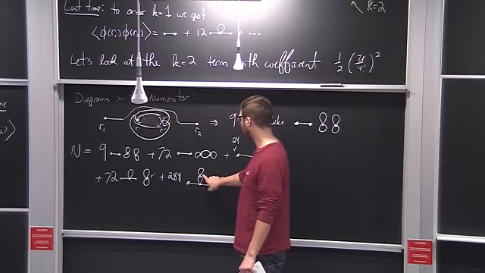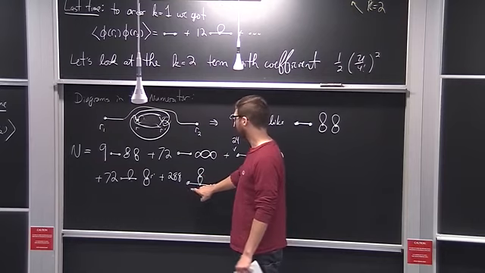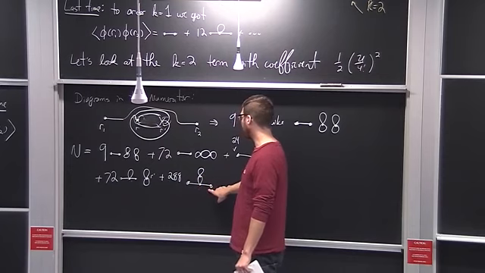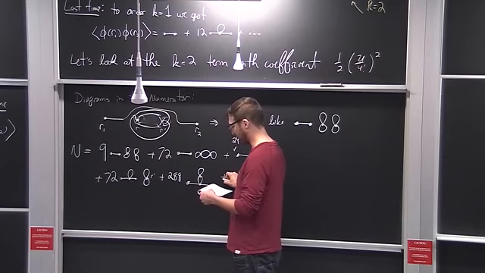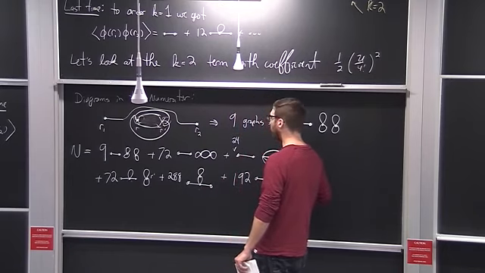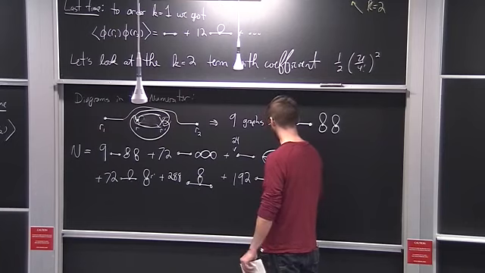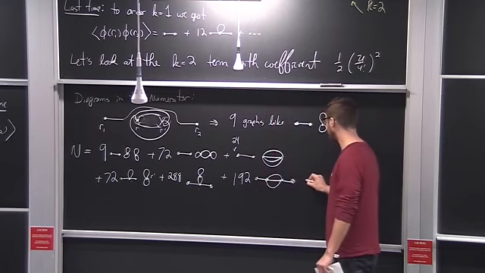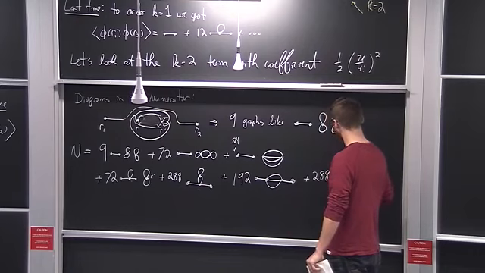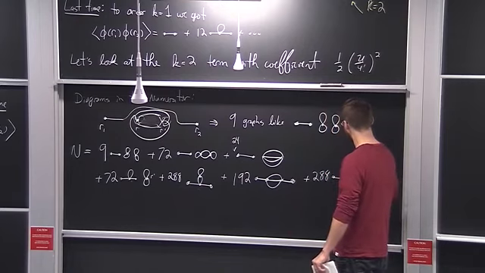That's R1, that's R2, and that's R and R prime, and I've connected one of them to R1 and R2. It happens to have a combinatorial factor of 288 for some reason. You can also do this. And the last one is something like this.